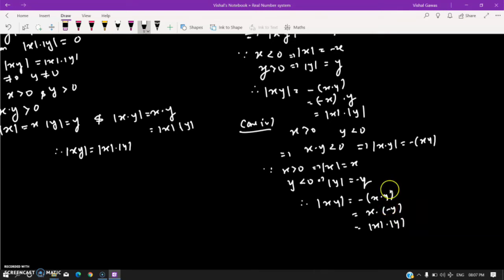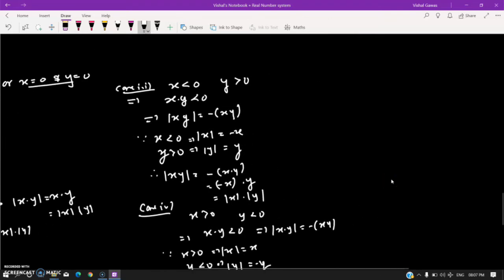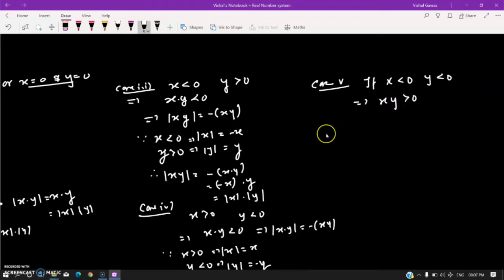Right? And then let's look at the final case, case 5. If x is also negative and y is also negative, this would imply that xy would be positive.